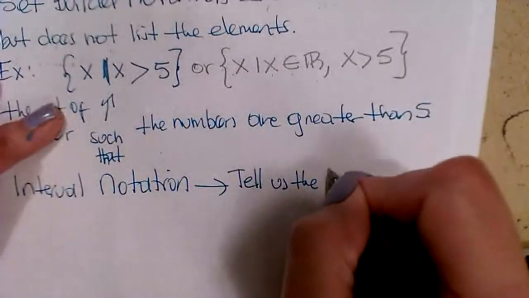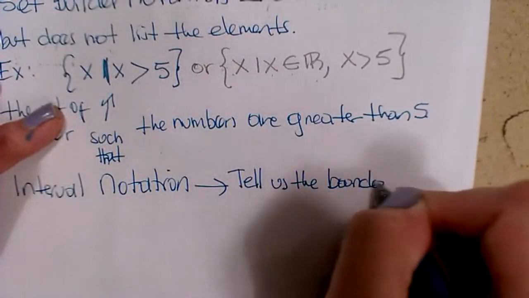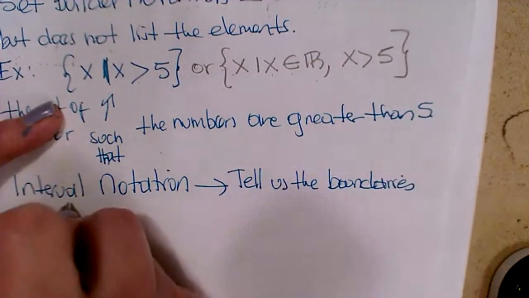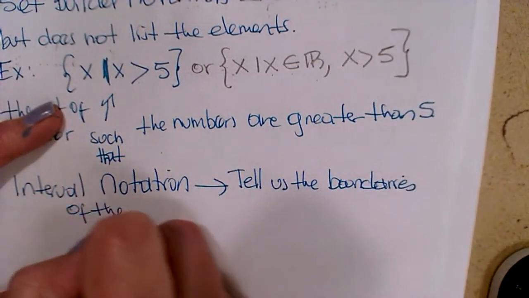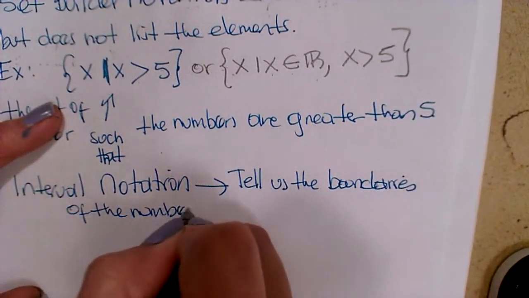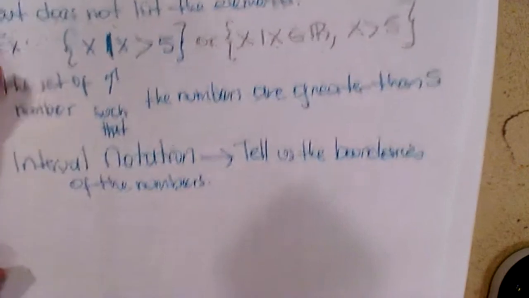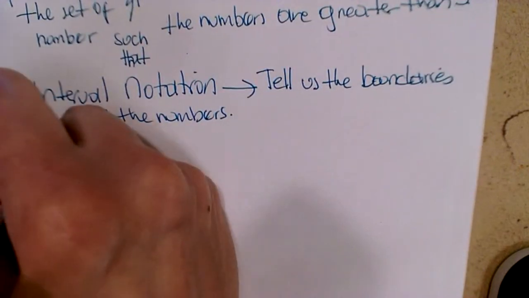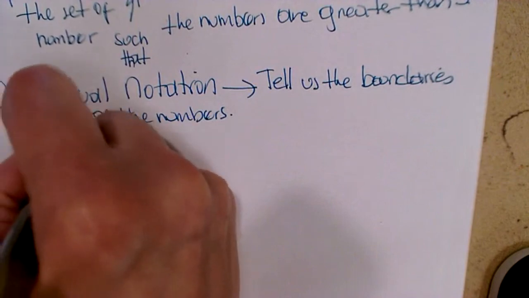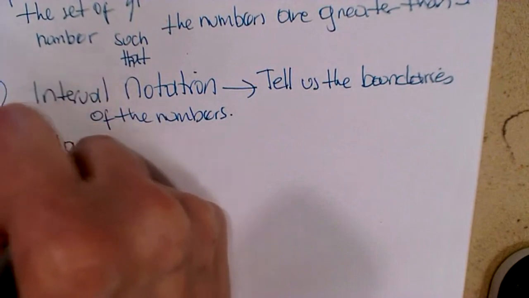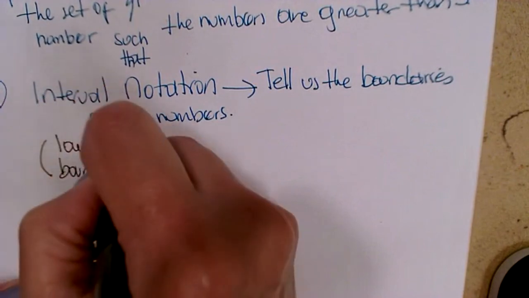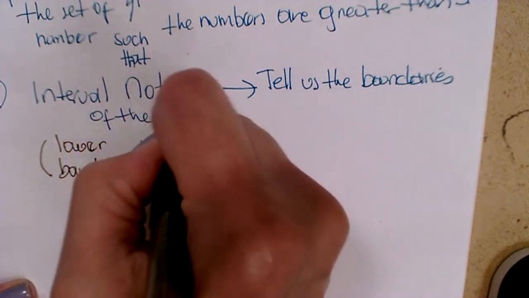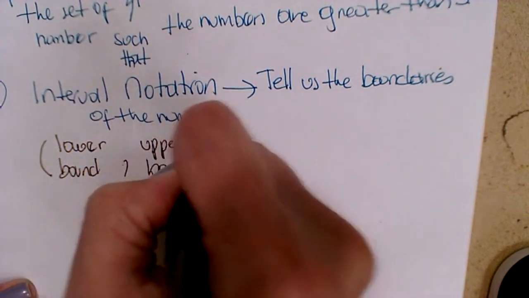Okay, and this is how we write it down. We do lower bound and upper bound.